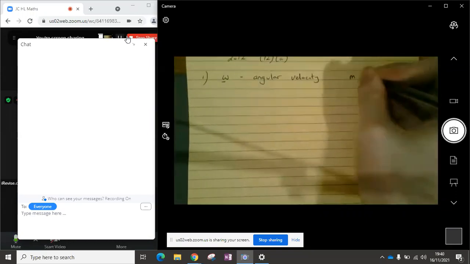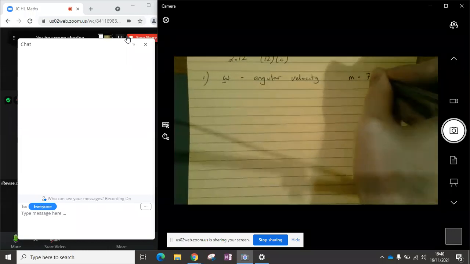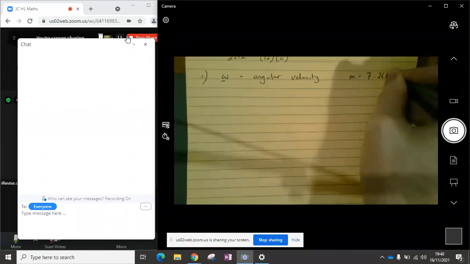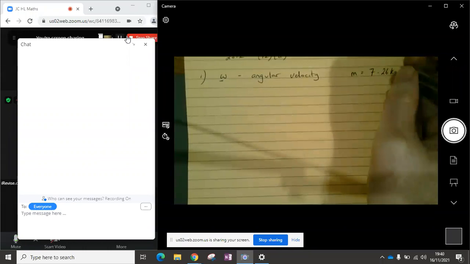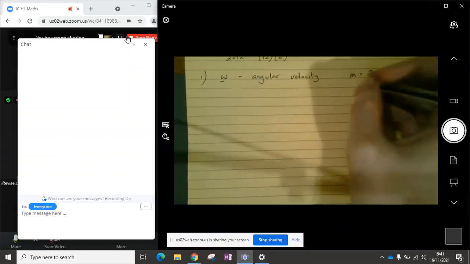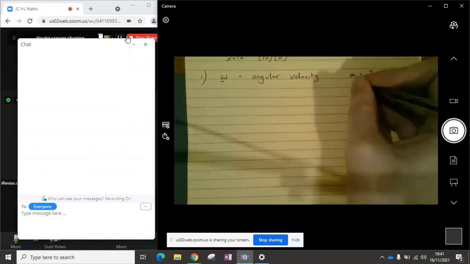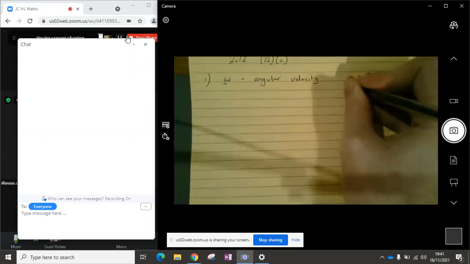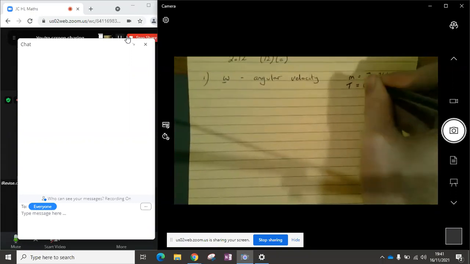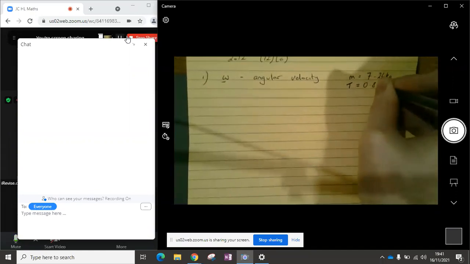As I do a lot of questions, I'm going to start off by listing all the things we do know. We know the mass of the hammer was 7.26 kg, we know that it moves at a constant speed, and we know it takes 0.8 seconds to complete one circle. So the period is 0.8 seconds.